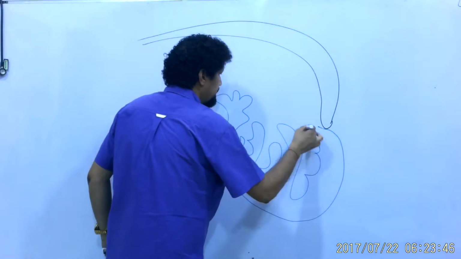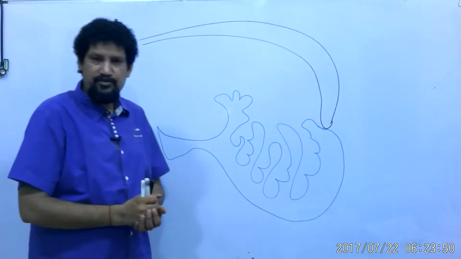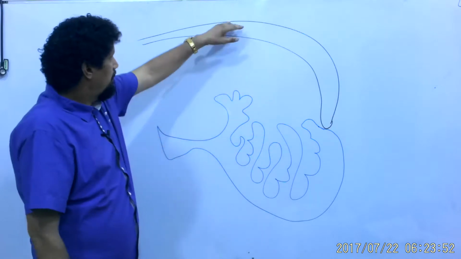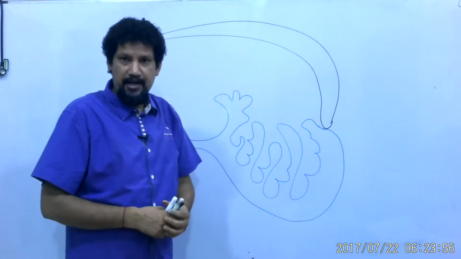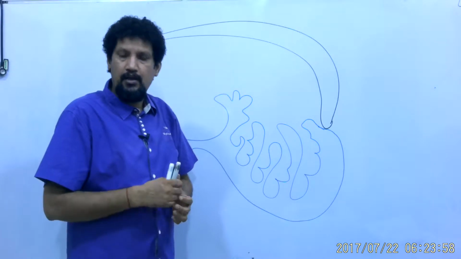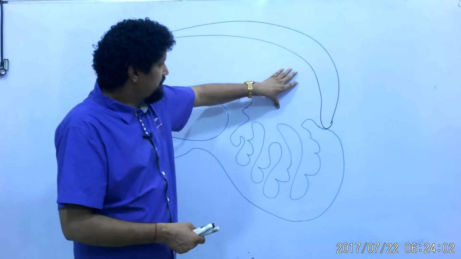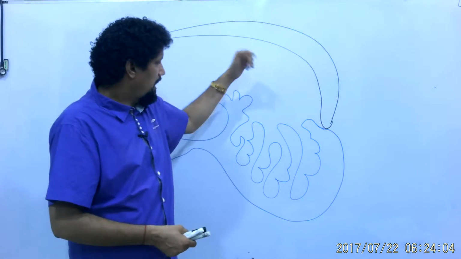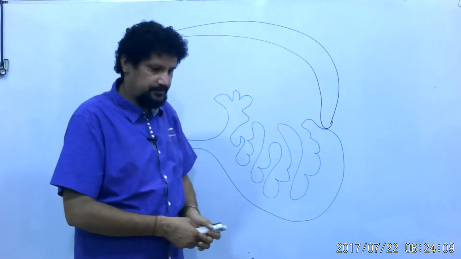Again, this is the mastoid process. This thin plate is the tegmen tympani, the roof of the middle ear cavity. This is the aditus, and this is the mastoid antrum, and these are the mastoid air cells.